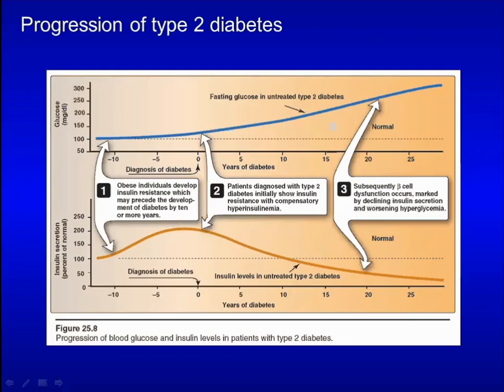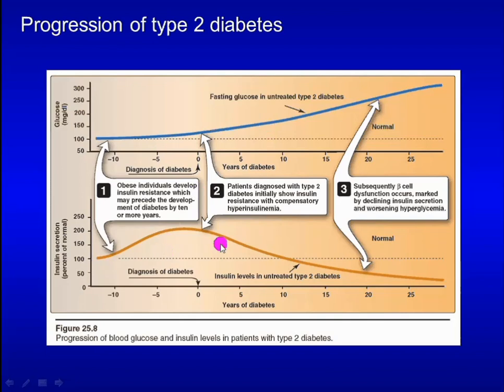Here is progression of type 2 diabetes, and this chart represents glucose level, and this one represents insulin level. If the blood glucose levels still keep rising due to worsened insulin resistance, eventually pancreas can no longer maintain the higher than normal level of insulin production.